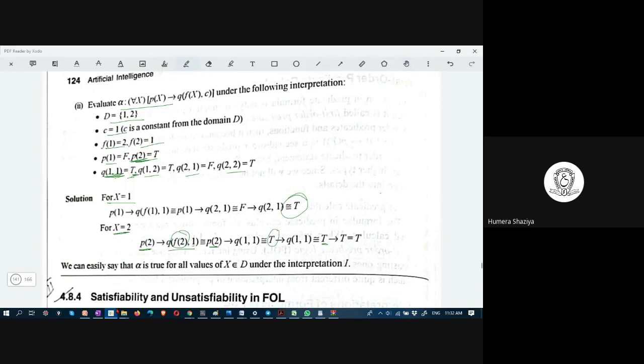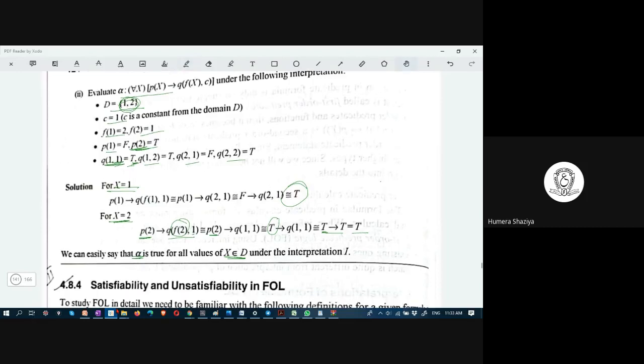This is also true. True implies true is true. We can say that alpha is true for all x belonging to D under interpretation I. For x equal to 1 and for x equal to 2, for both the domain values, it evaluates to true.